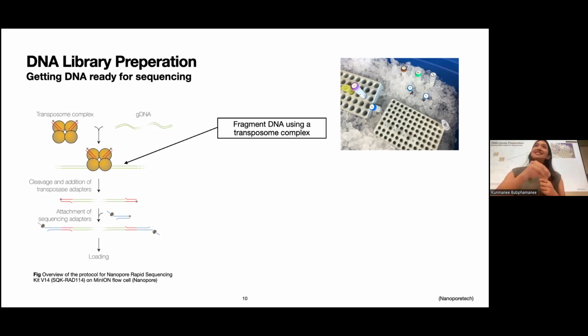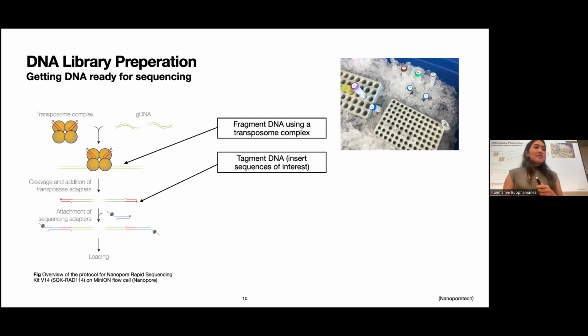This enzyme cuts the DNA into pieces, and it also inserts sequences into the DNA that we cut. It's like we tag the DNA we cut, so this is called tagged DNA. So now we have DNA that has been cut and tagged.